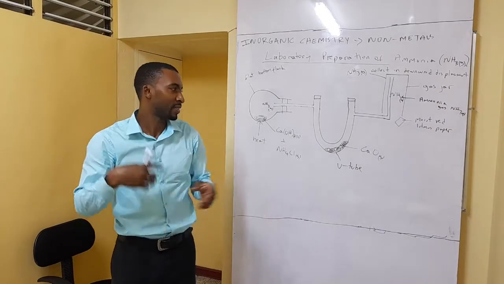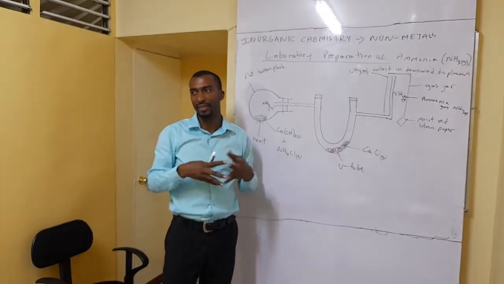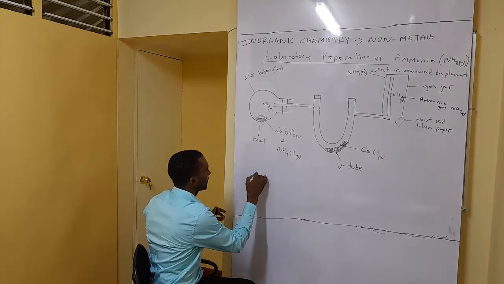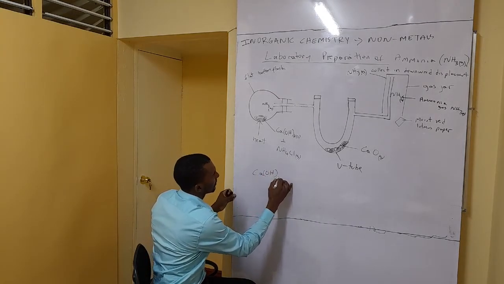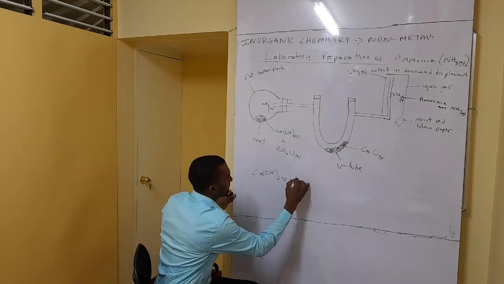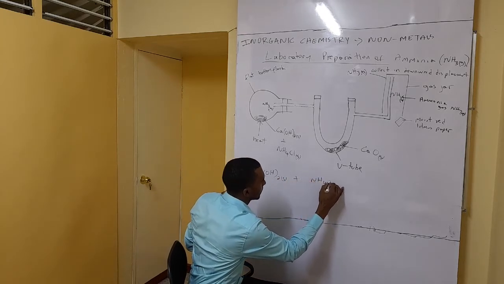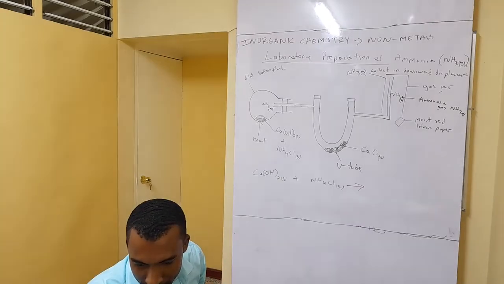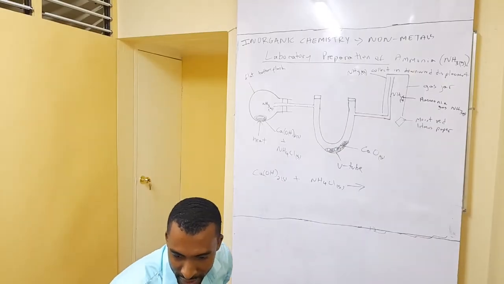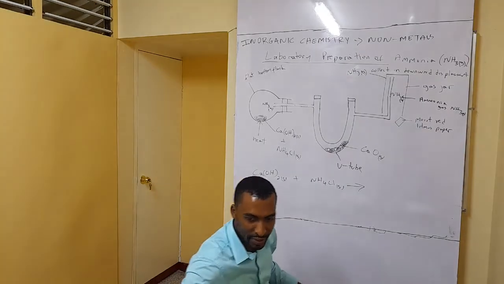And you cannot use calcium chloride here because it will react with it as well, forming ammonium chloride. Alright? But we need to write the equation. You will require it for the exam. So it's going to produce calcium chloride, ammonia, and water gas. Right?